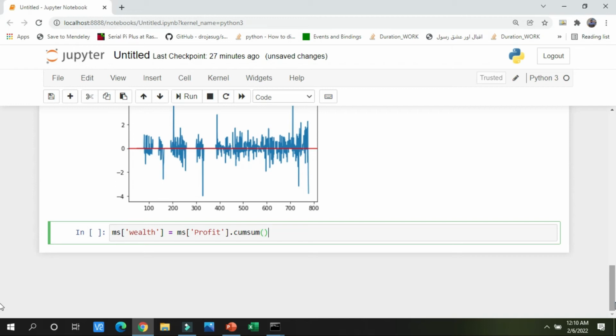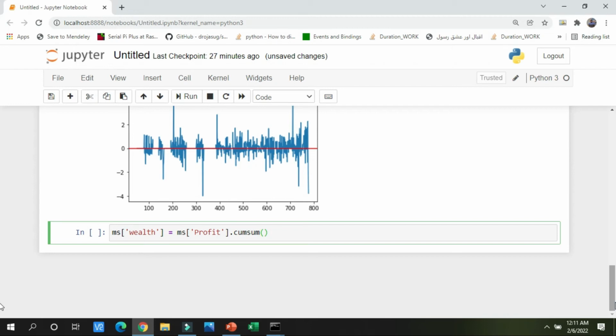So someone can ask what is cumulative sum. The cumulative sum function will display the model performance if we follow our strategy, and it will calculate the accumulated wealth over a period of time.